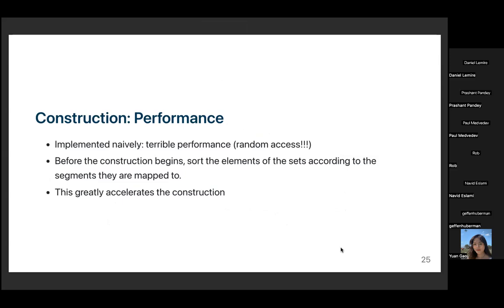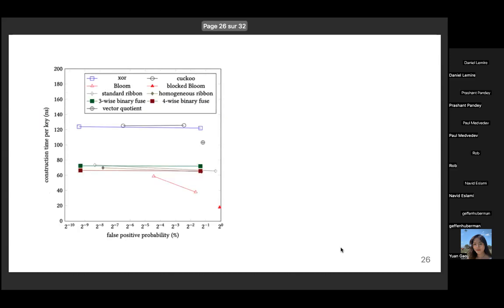Our binary fuse filters, I'm not going to describe them because it would be too technical, but very quickly, they can be constructed very quickly. One of the reasons is that we have a trick where we do some kind of sorting. If you construct it naively, it will be fairly slow, but with this trick, which I refer to in the paper, we get a very fast construction time.